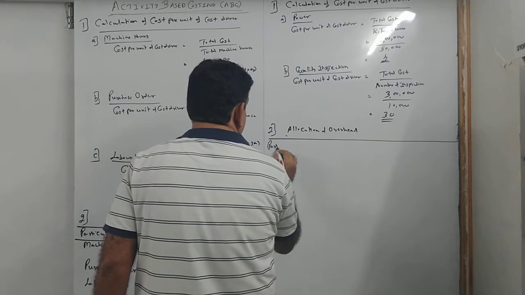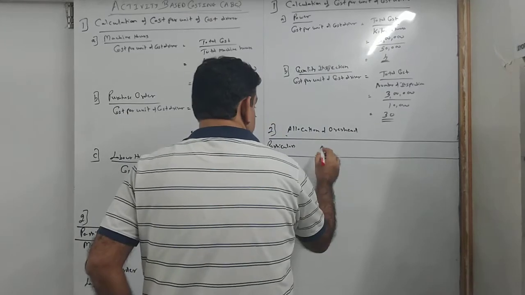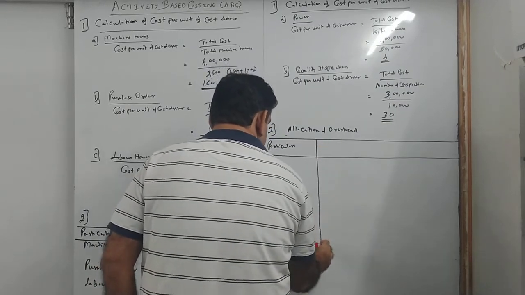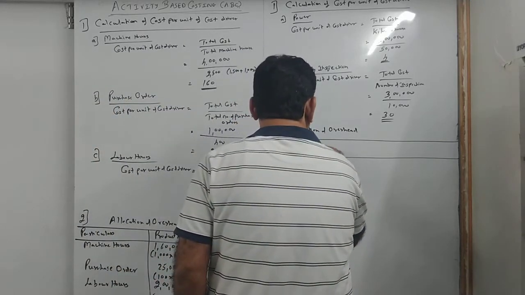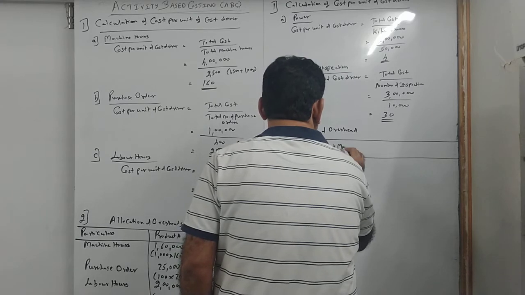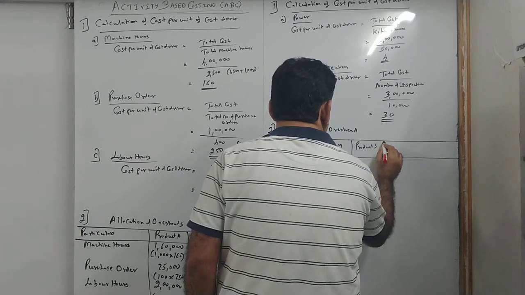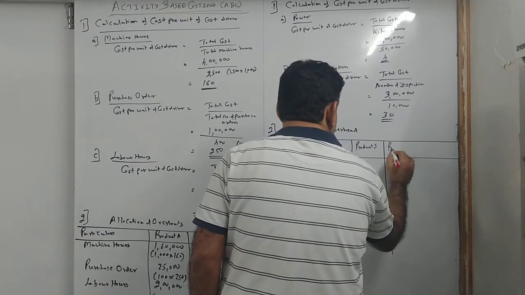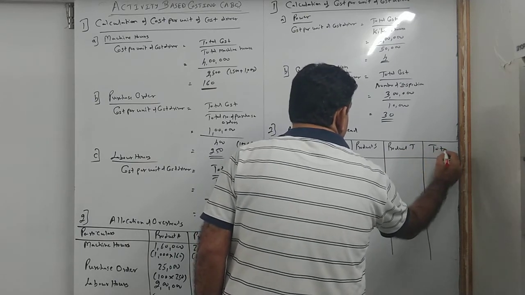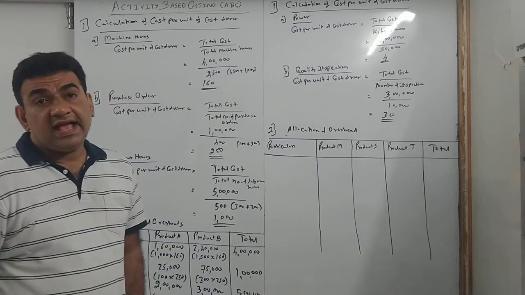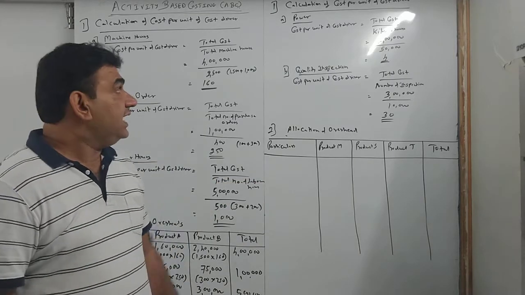So particulars. Product M, product S, product T and total. ठीक है, M, S, T and total. It will be a small table but brackets थी, ठीक है। Let's take.